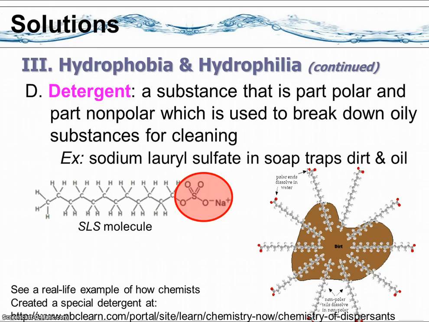Then the outside head, or the polar ends, are going to be able to dissolve in water. So when you wash your hands, the dirt is going to sort of get clumped and trapped in a little ball, and the ball will then just wash down the drain because it will dissolve in the water. So detergents are very similar to emulsifiers, but they sort of serve a different purpose.